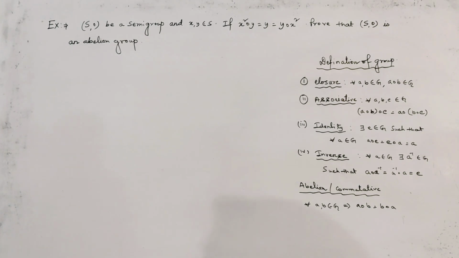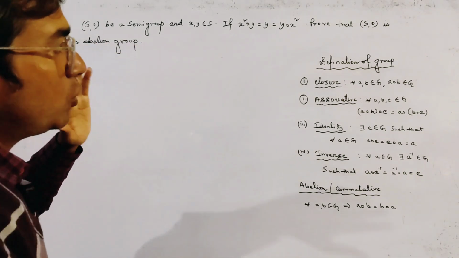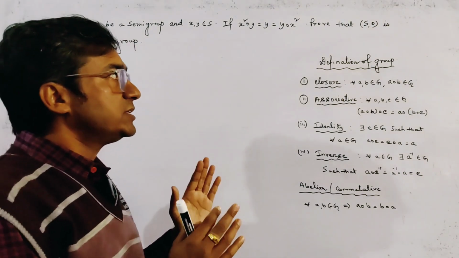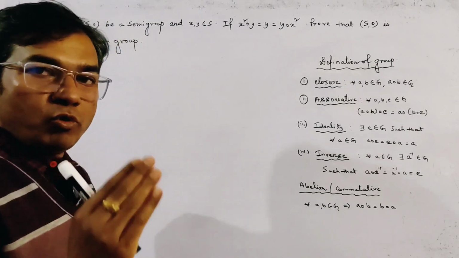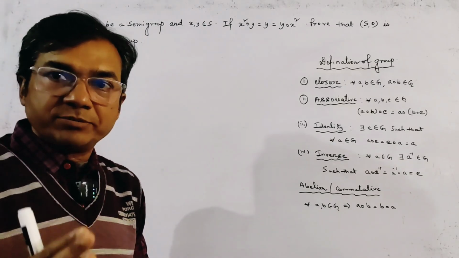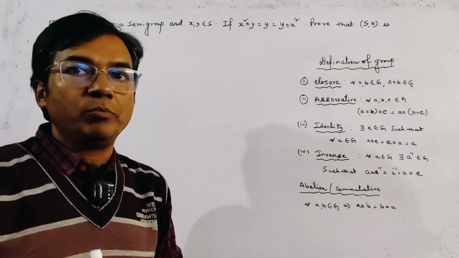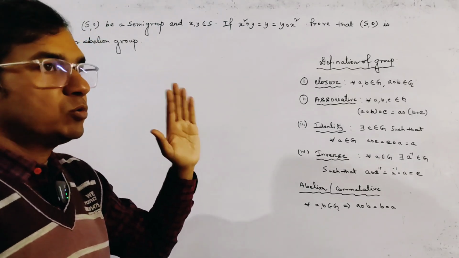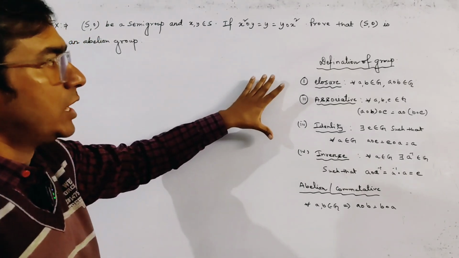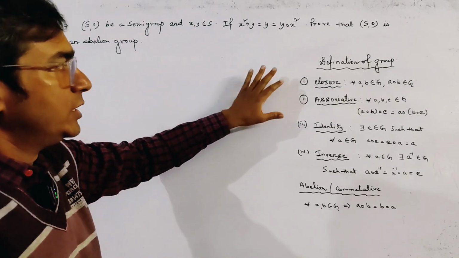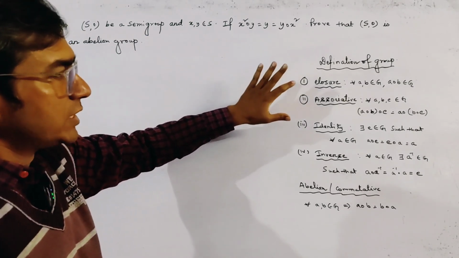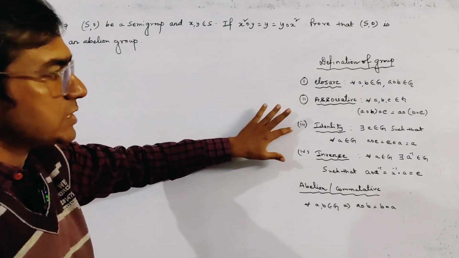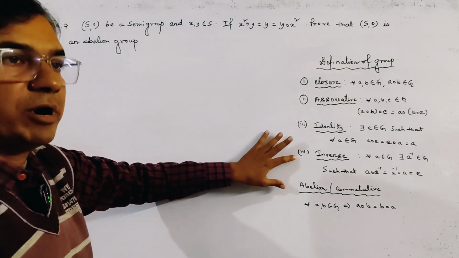First, let us see the definition of a group. A non-empty set together with a binary composition, here (G, ∘), forms a group if four properties are satisfied: first is closure, second is associative, third is identity, and fourth is inverse.